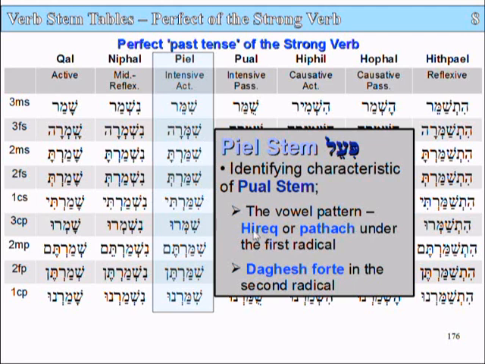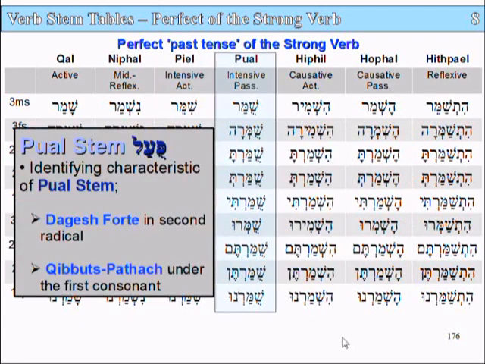The vowel pattern chirik or patach under the first radical, in this case a chirik, and a dagish forte in the second radical. So in this mem here we have the dagish, making it a hard or double sound. So that's the pile.